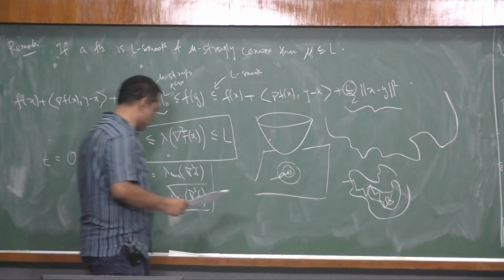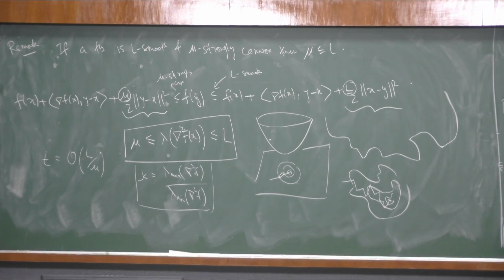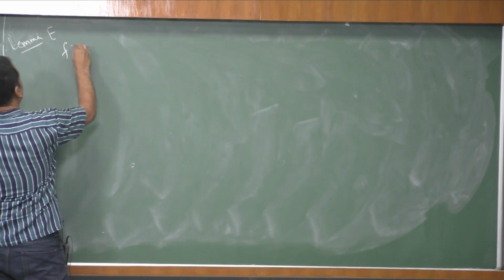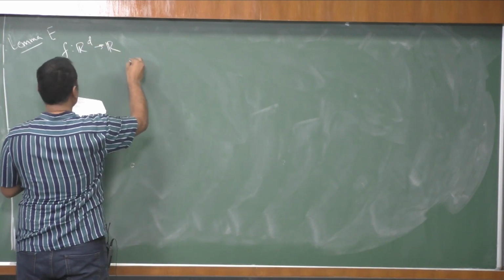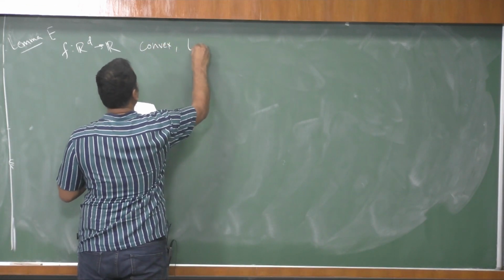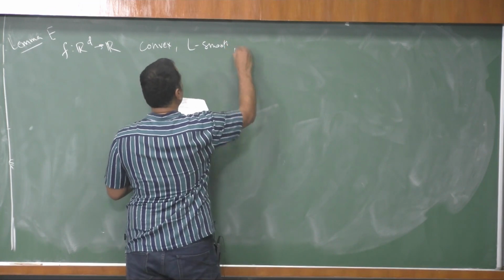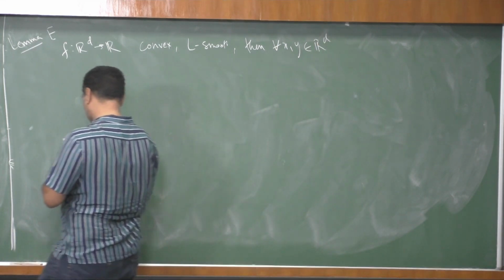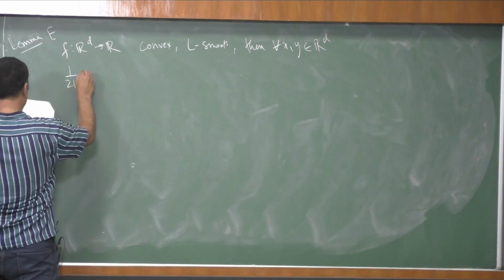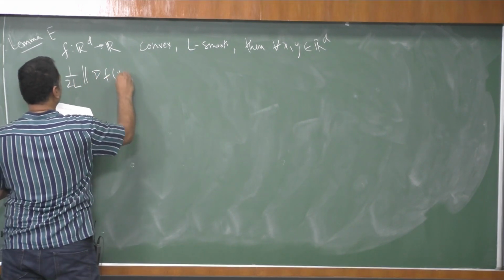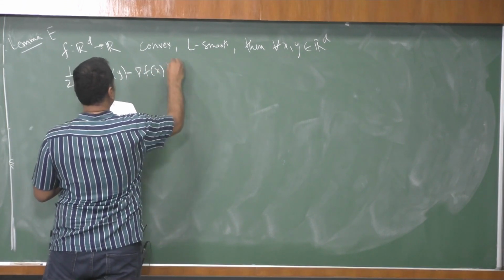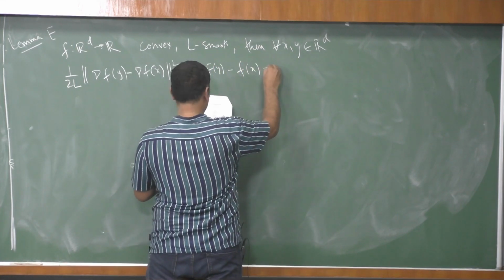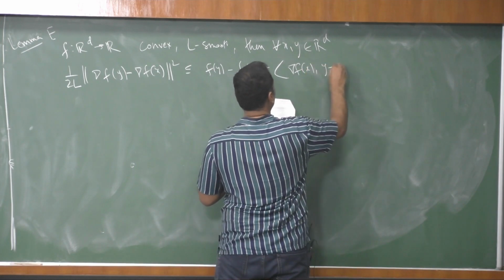Now let us prove a result when we have both convexity and smoothness. Lemma: f from Rd to R, convex and L smooth. Then for all x, y in Rd, we have (a) 1 by 2L of the norm of grad Fy minus grad Fx, squared, is less than or equal to Fy minus Fx minus grad Fx, y minus x.